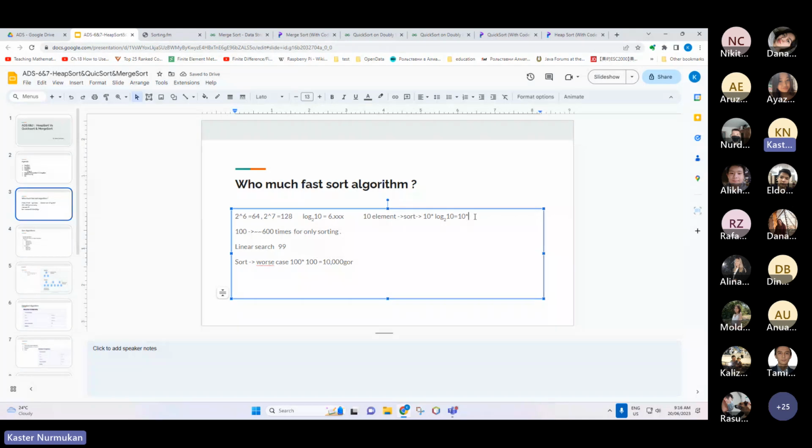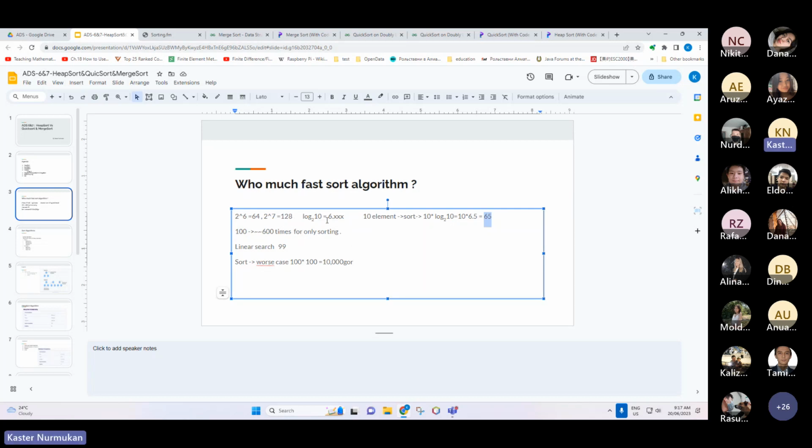Let's say 6.4, maybe 6.5, but basically that's the reason we multiply by 6.5, right? If I sort 10 elements, I have to spend about 65 comparisons or computations, right?